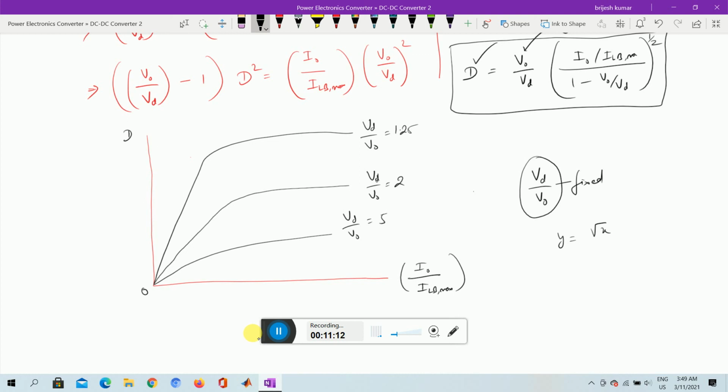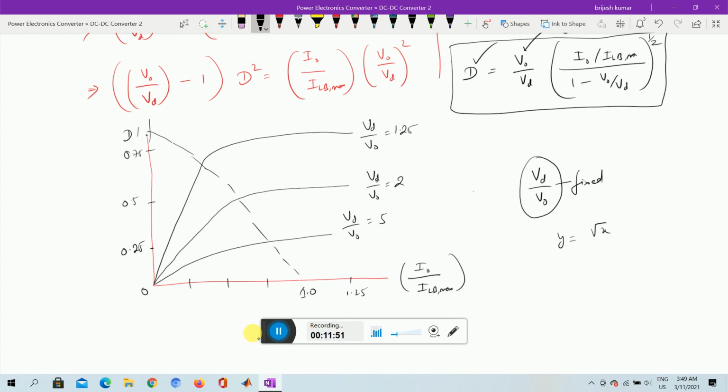So if Vd is very high, we have to keep the duty cycle low, nearly around 0.25. Let's say this is 0.5, and let us say this is 0.75, and let us say this is 1. So for a different value of Vd, we can get a slope like this, and this intersection point is say 1 here, and this is also 1, and this is how the output current is increased.